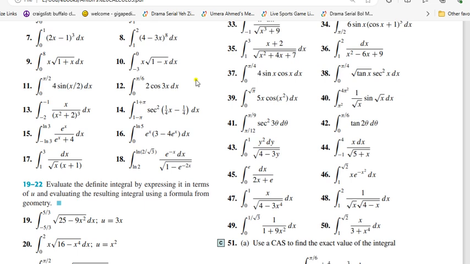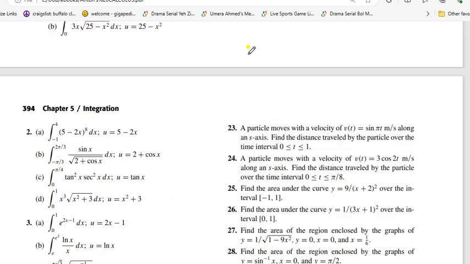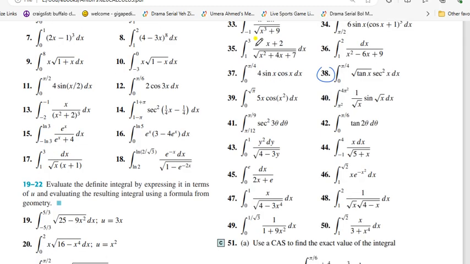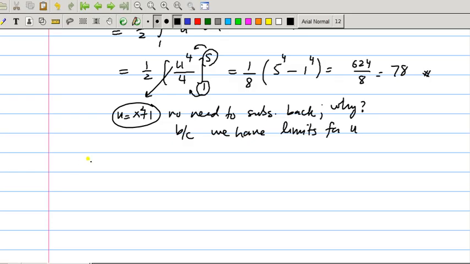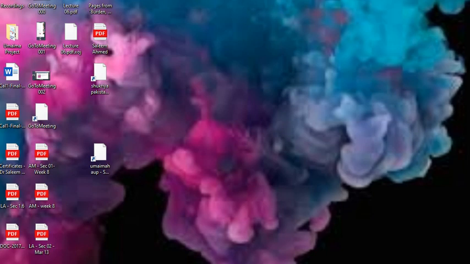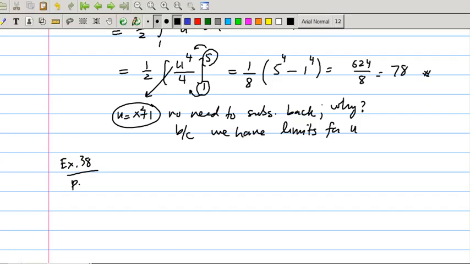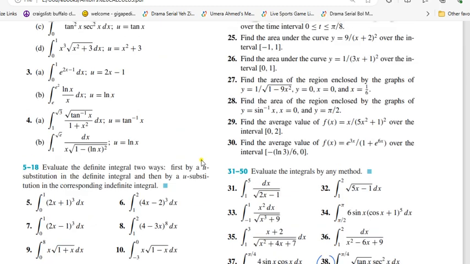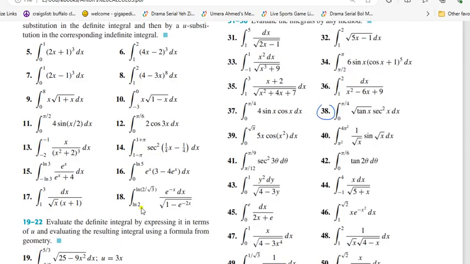Let's say this one. 0 to pi by 4 tangent secant square. Exercise 38 on page 394.